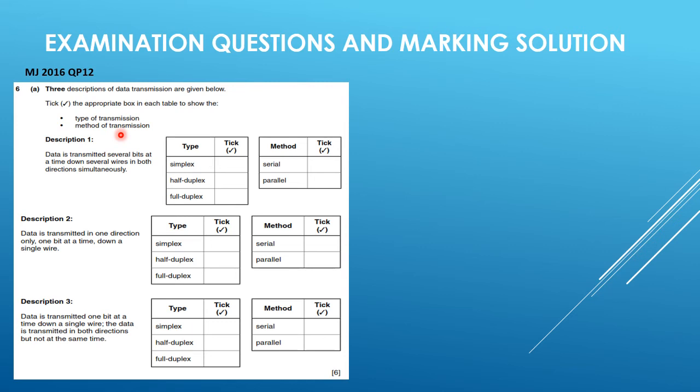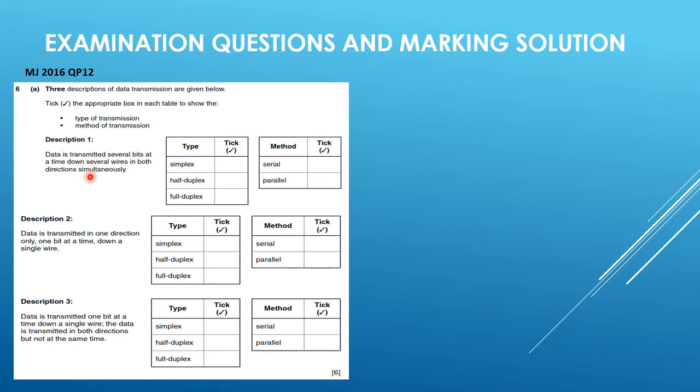So these are all types, methods, or modes of communication. So okay, the description is given. In the first box, we are given the types of transmission: simplex, half duplex, full duplex, and in the second box we are given serial and parallel transmission, which are the names of the transmission methods. Okay, and now we are given a description.